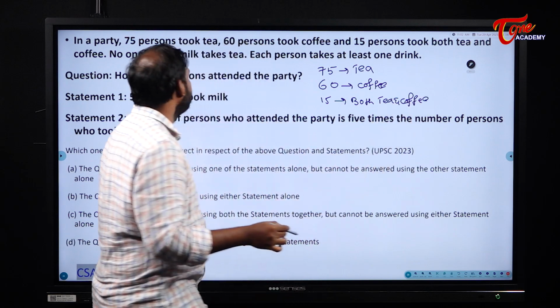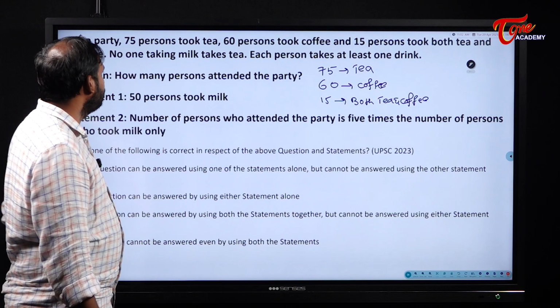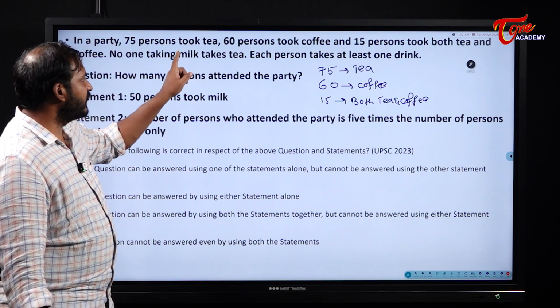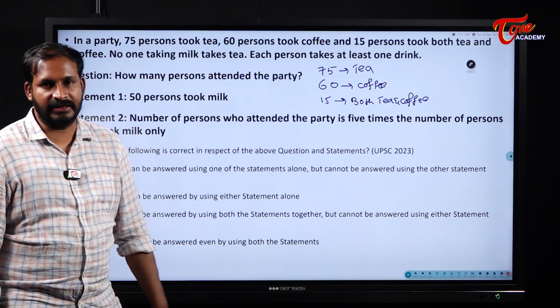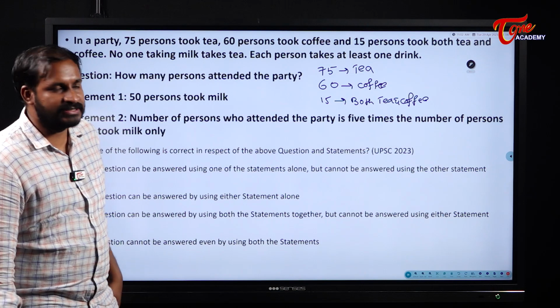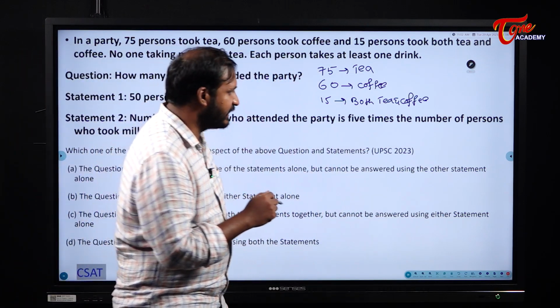Next, no one taking milk takes tea. The person who takes milk definitely will not take tea. Each person takes at least one drink. So how many categories are there for me? Actually here total 3 categories are there.